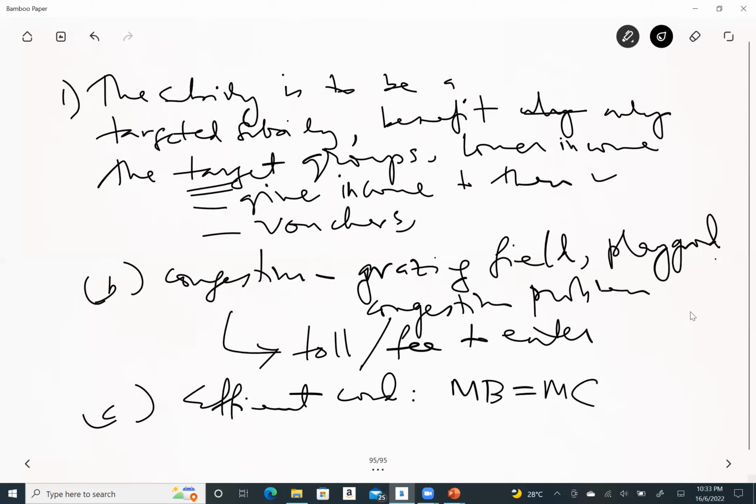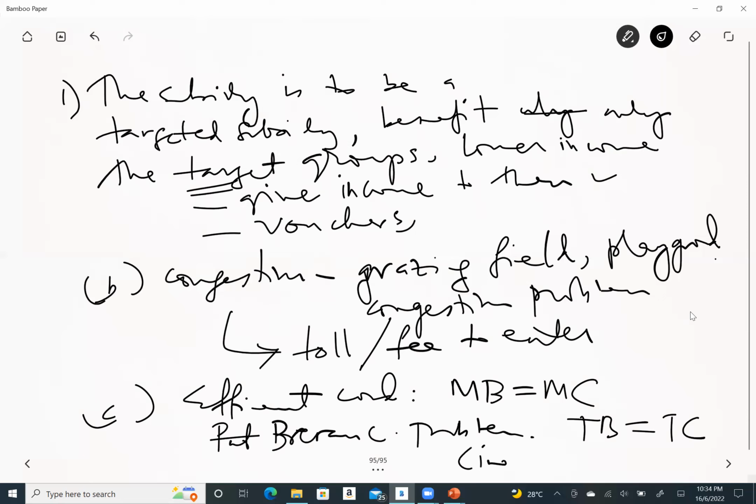Okay, but under this public bureaucracy model, okay, bureaucracy problem, what is the condition? Total benefit equal total cost. So this is inefficient. Okay, so the bureaucracy model is inefficient. Why? Because they choose output at total benefit equal total cost.